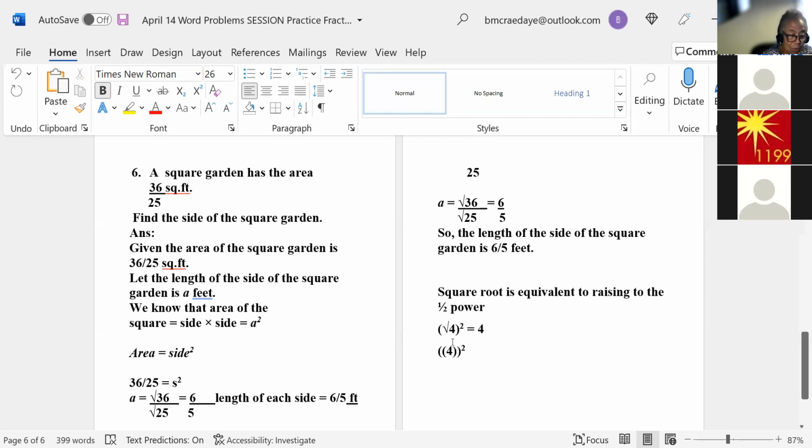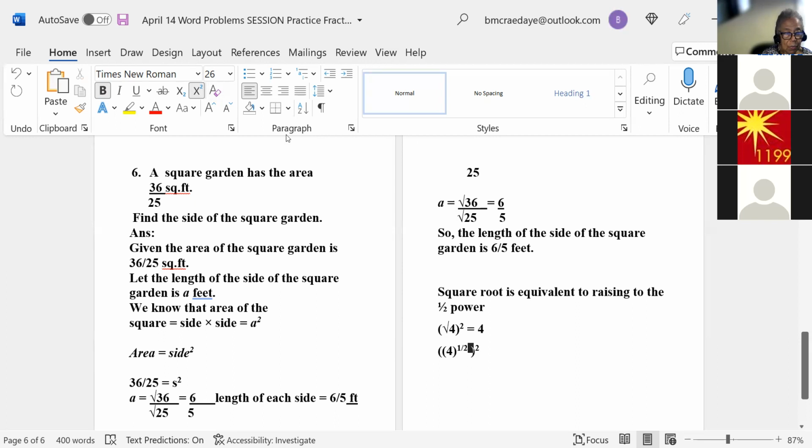Now the square root of 4 right here, this is a 1/2. So let me just put a 1/2 here. And I want to put a 1/2 power on this. And what's 2 times 1/2?